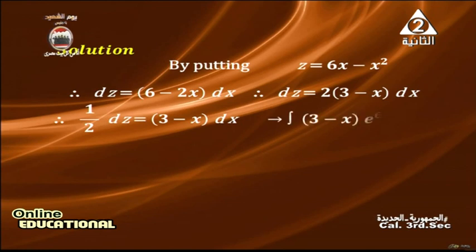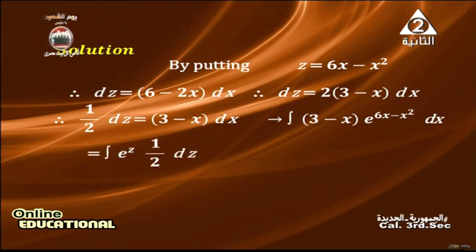Now, what is the integration of (3 minus x) multiply e to the power (6x minus x power 2) dx? We know that (3 minus x) dx equals half dz and 6x minus x power 2 equals z.